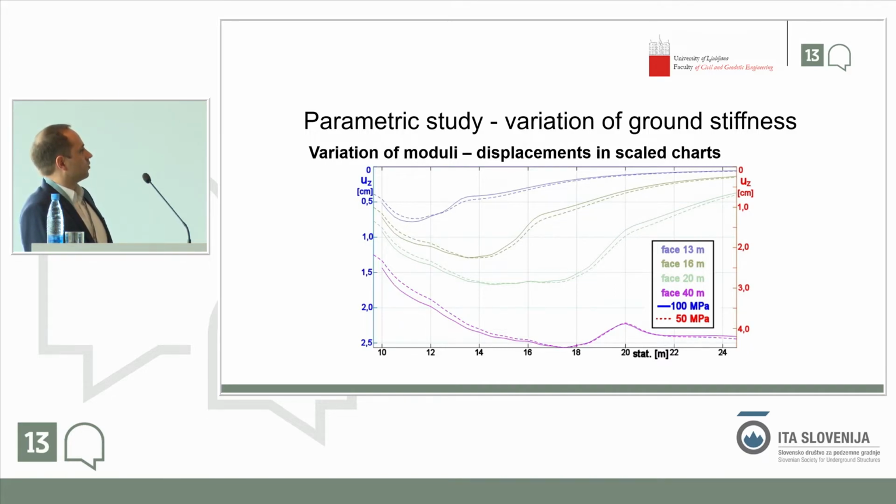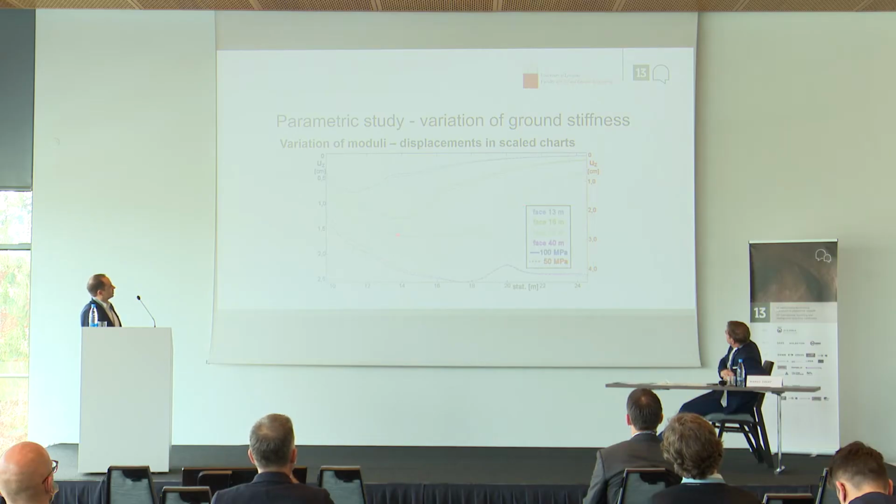And on the other side, we have a higher scale, because this one is for the 50 megapascal case. We've seen this one before in the previous slide, but now when it's scaled, it almost perfectly aligns one to another.